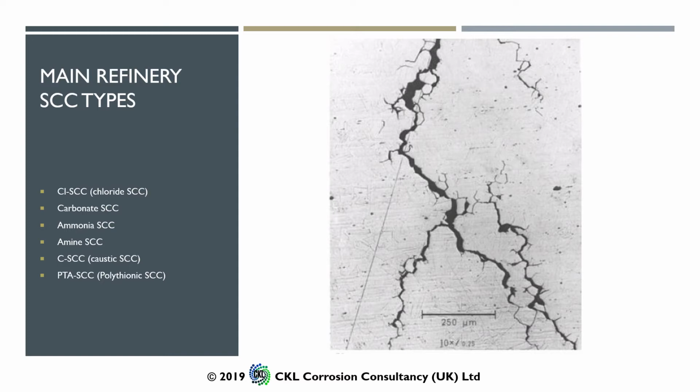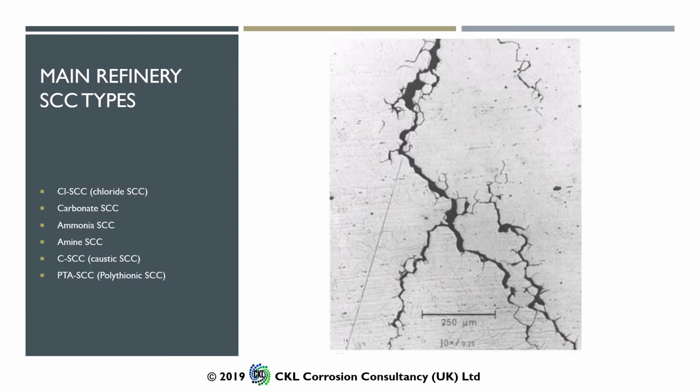It's probably important to note that this is either found on the process side of equipment, or perhaps more commonly these days it's found externally under insulation. So it's a form of CUI, but it's a cracking risk that's found under insulated stainless steel equipment operating at some temperature above 50 degrees C. We'll cover that in a little bit more detail in the following slides.